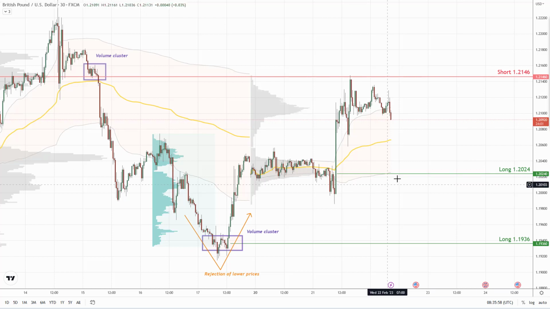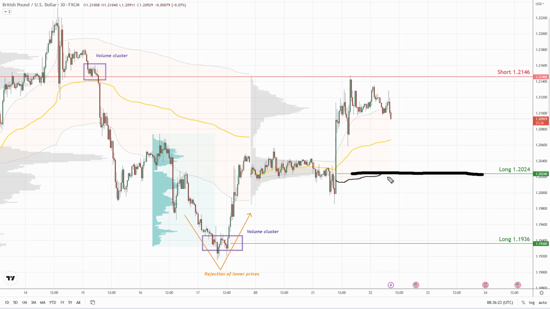Another thing that I like here is the development of the first deviation of the VWAP. That's this gray line. Price tends to react to those gray lines, especially if you combine that with heavy volume zones. Currently this gray line is at our level, so that's what I like.